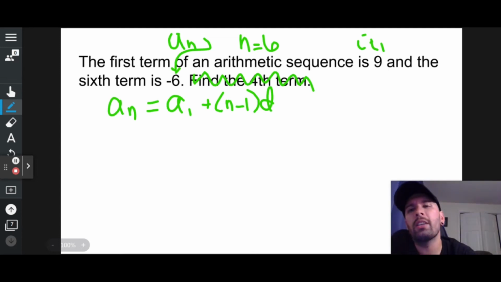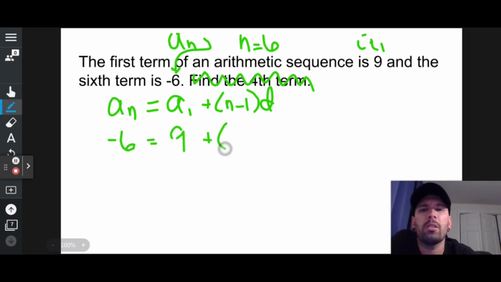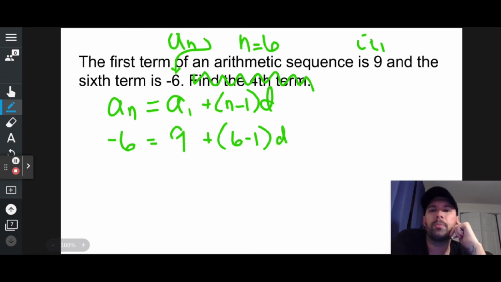So a sub n is negative 6. That equals a sub 1, which was 9, plus parentheses 6 minus 1, and I don't know the common difference. Kind of working backwards here. All right, I can handle this.